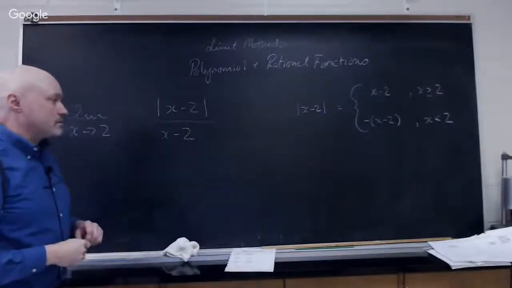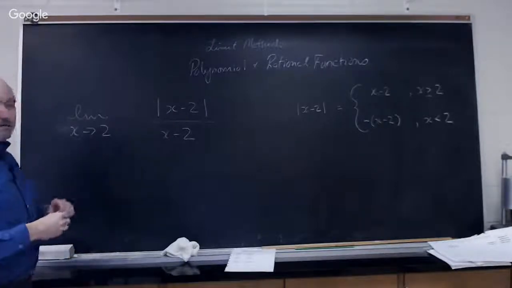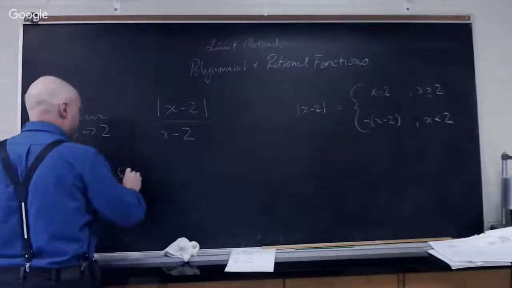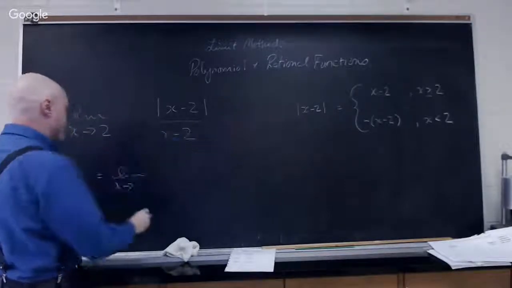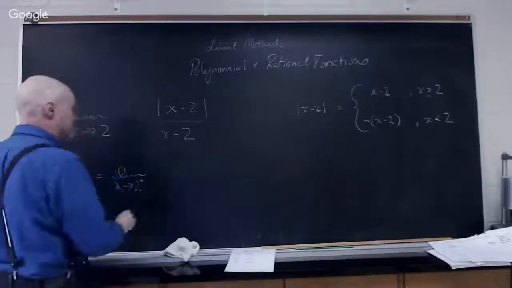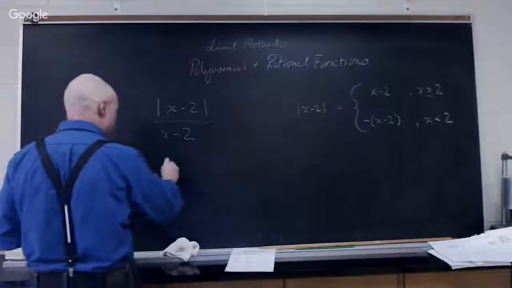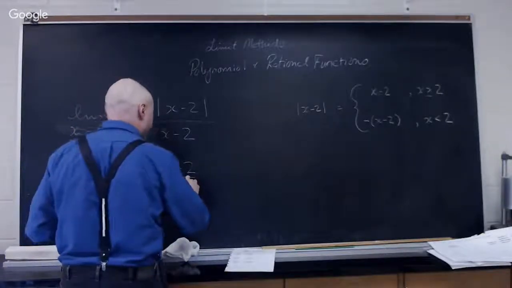And we can now break this up into two cases. We can look at this as being the limit as x approaches 2. If we're approaching it from above, in other words, when x is greater than 2, then we're just looking at x minus 2 over x minus 2.